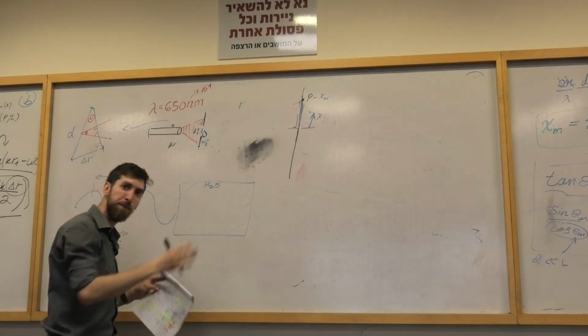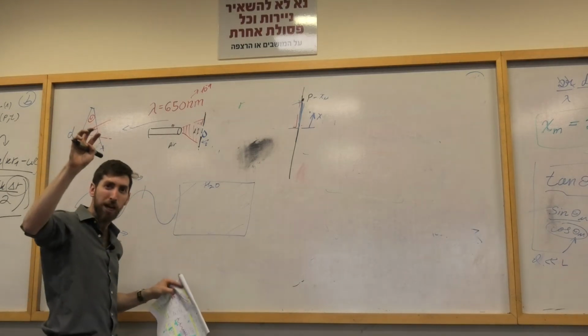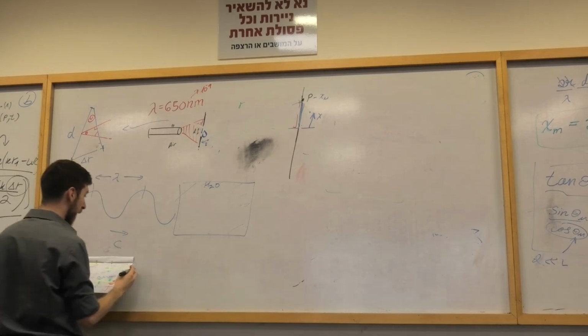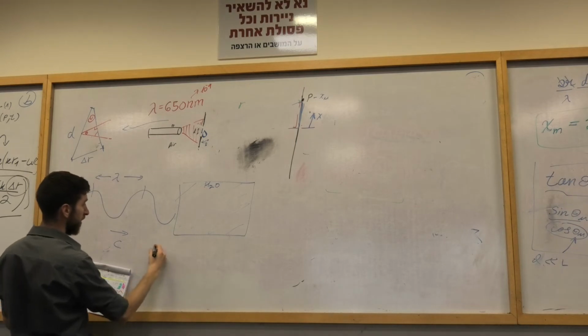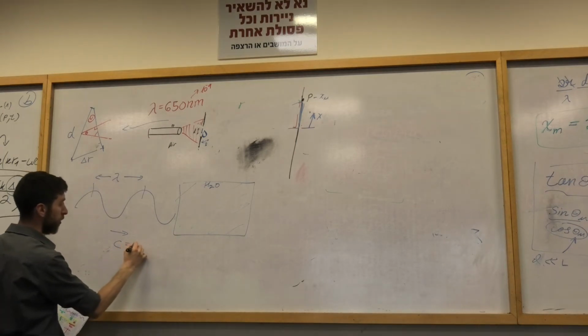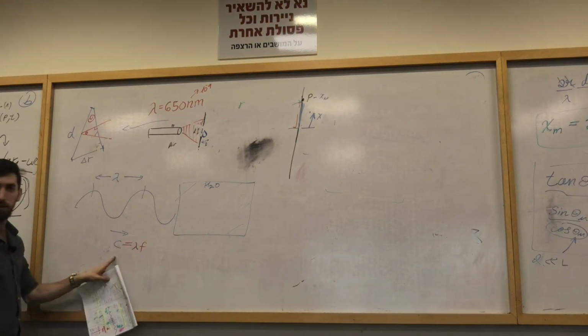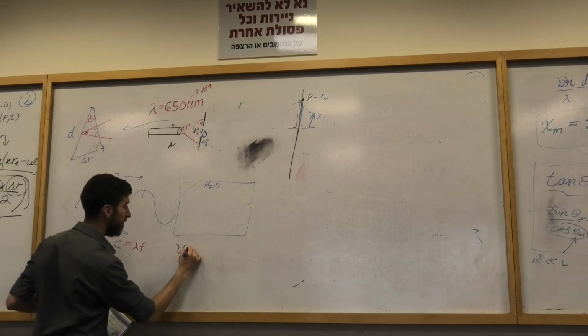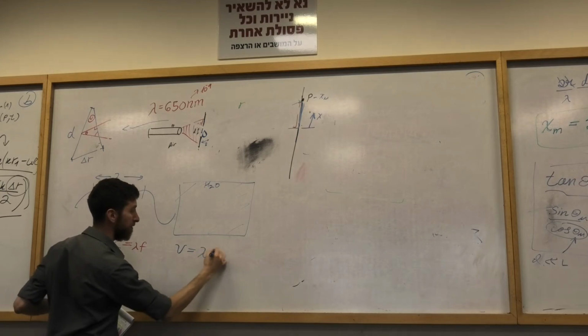There's nothing to bump into, right? The atoms are really far away. But in water, they are really dense. So what actually happens is, let's write it: c equals lambda f. That's what's happening outside. But inside, v equals lambda f.